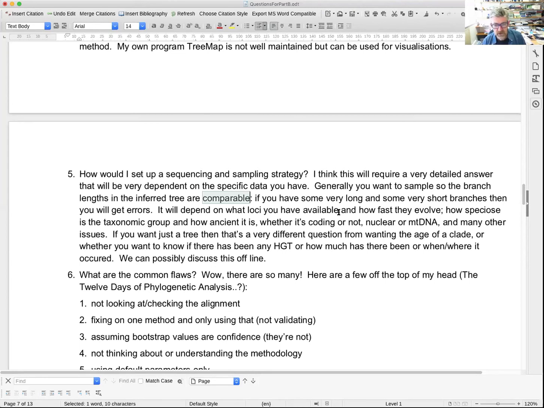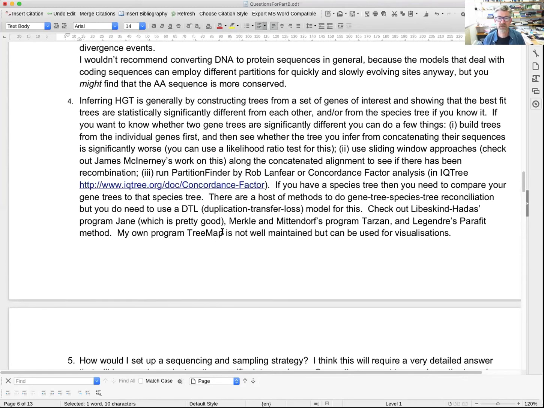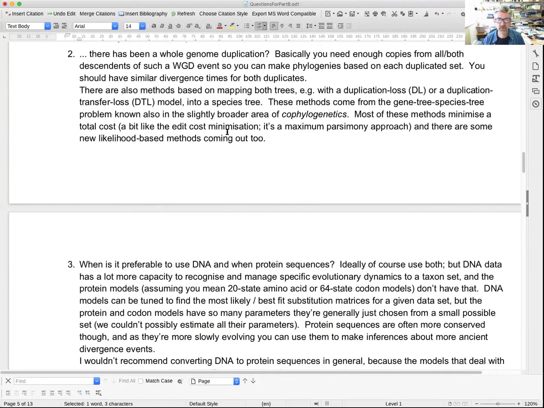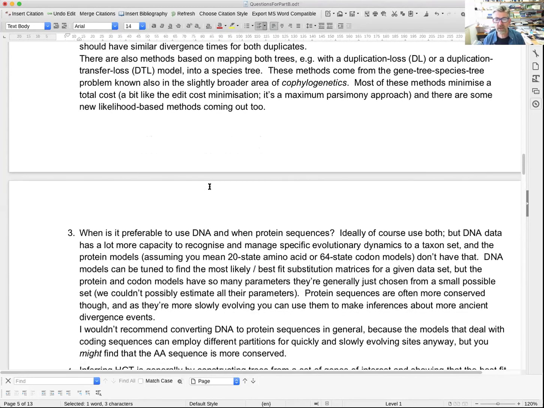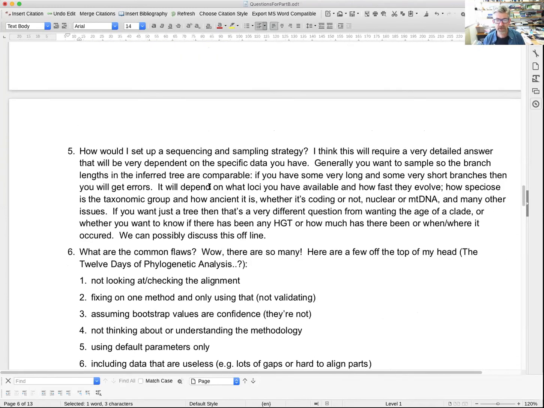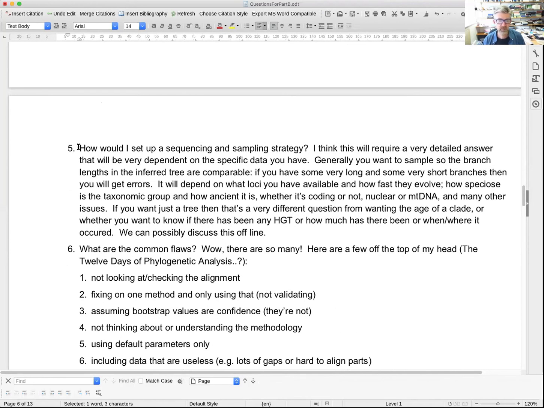And further to that, if you, for example, want to pick up specific events like HGTs or whole genome duplications, where we have whole genome duplications way up there, then you probably need very reliable trees for all of the loci that you're interested in.